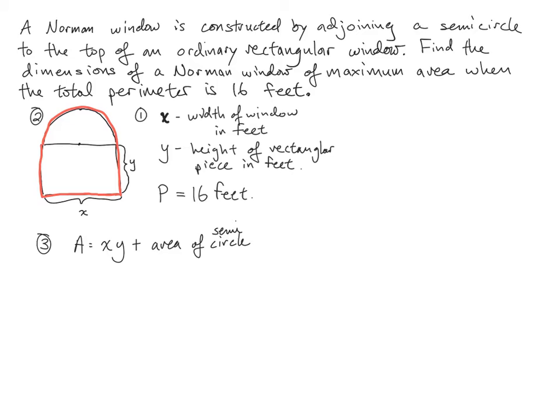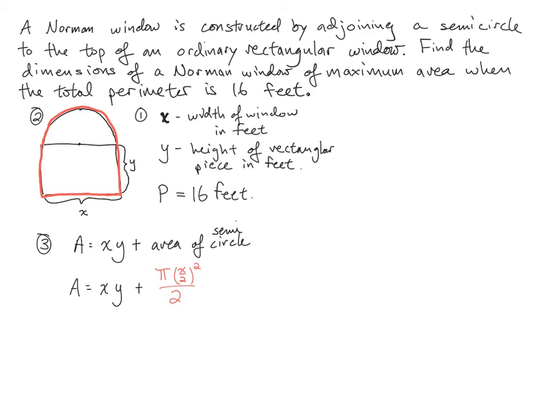So the area for the semicircle would be pi times (x over 2) squared, but that would all be over 2 because you want half a circle. So here's the total area for this window.